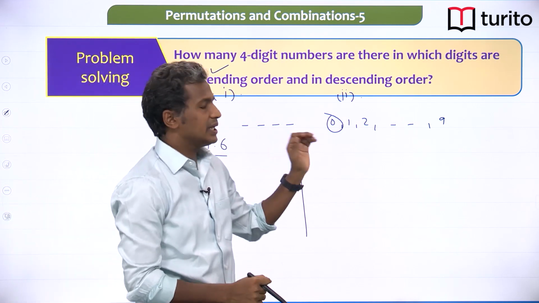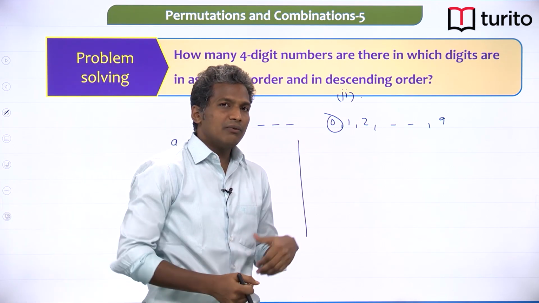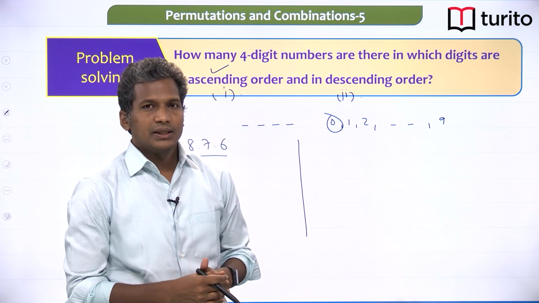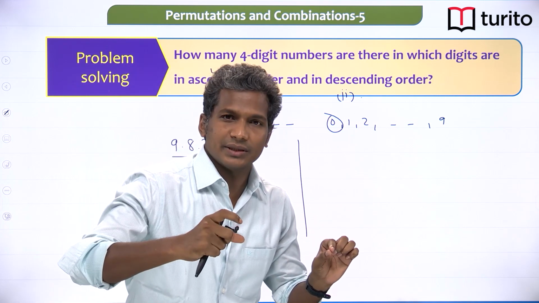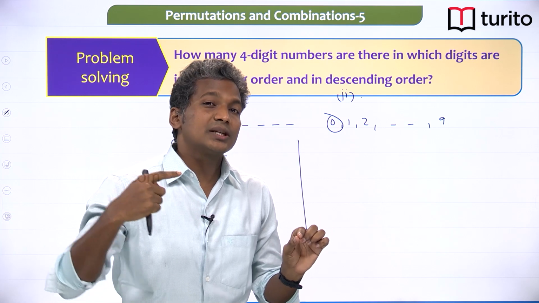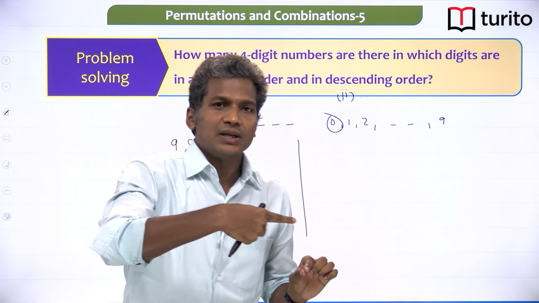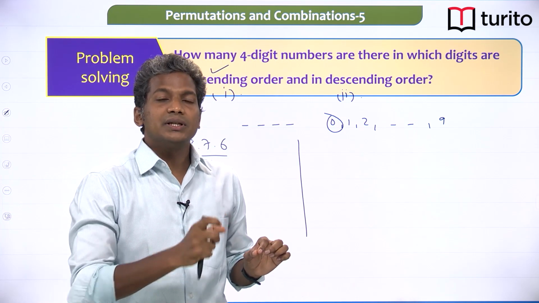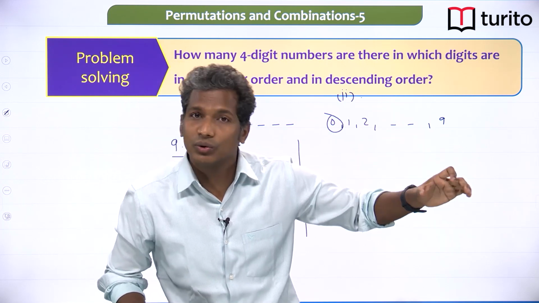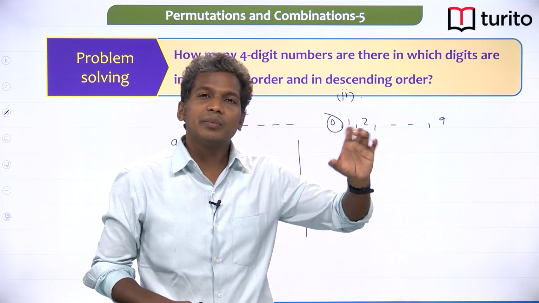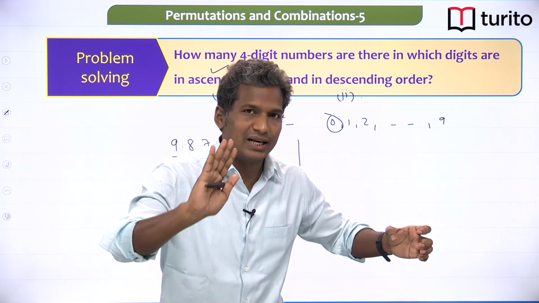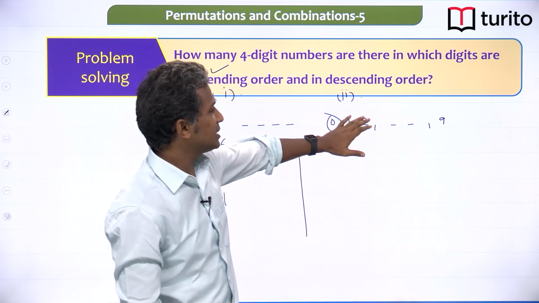Now, let us go to the descending case. When it comes to the descending case, 0 cannot come in the first location, because numbers are supposed to decrease. If at all 0 comes, it will come in the last place only. 0 coming in the last place is a perfectly valid number, so here 0 is allowed.